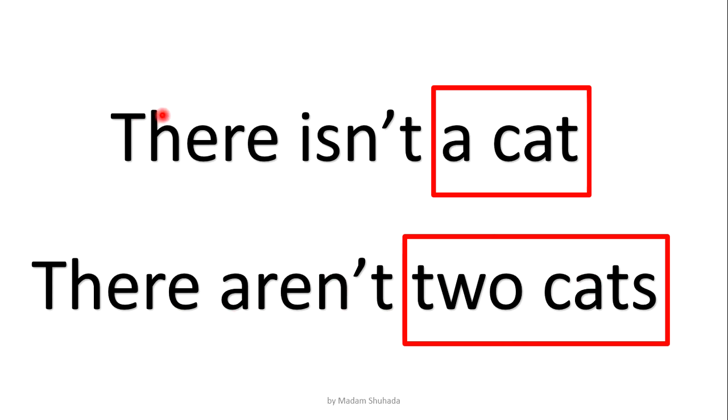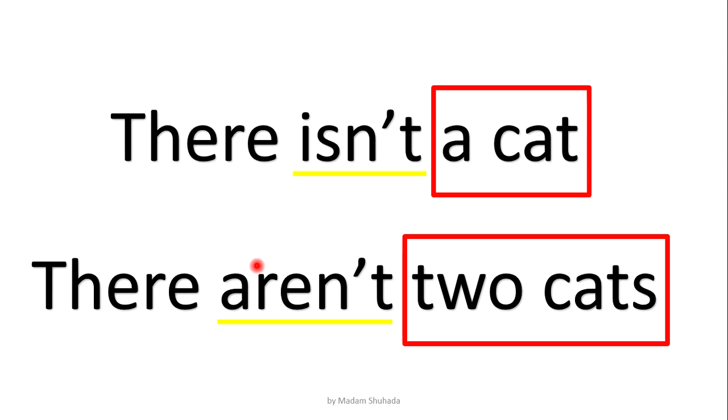So there isn't a cat. There aren't 2 cats. Because there is 1 cat, we use singular isn't. 2 cats, plural, we use aren't. I hope you understand this part.